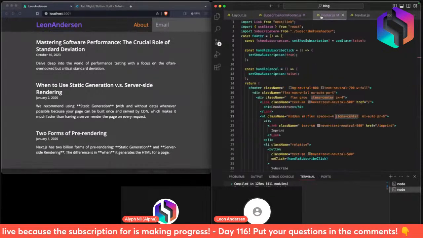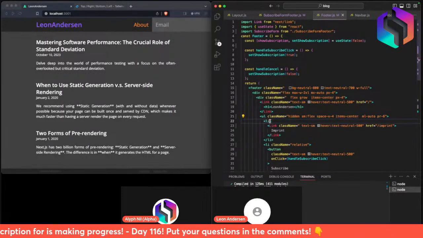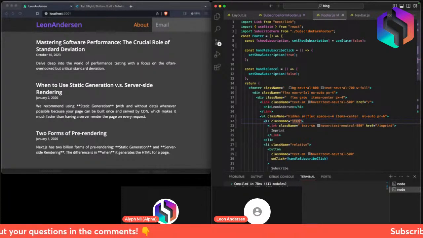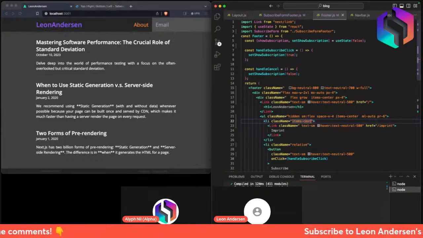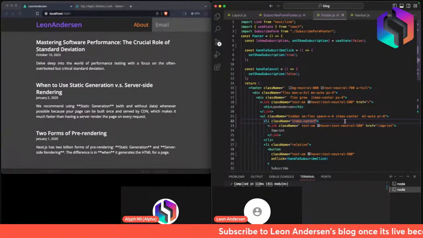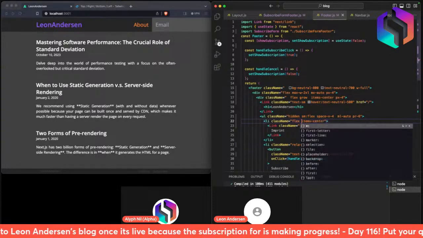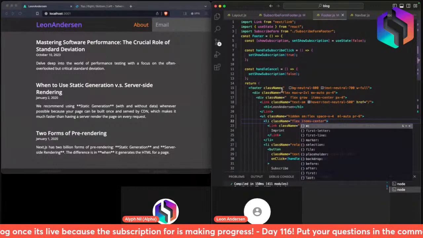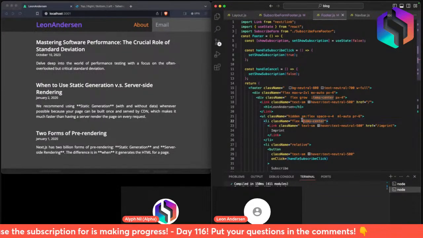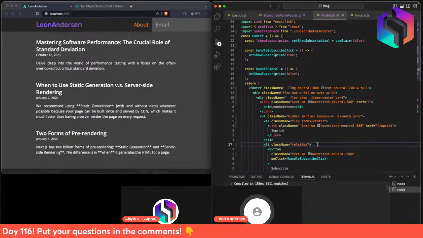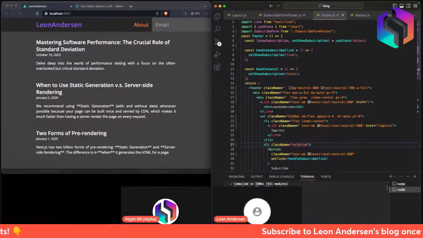Let's just try the LIs first, and then if that doesn't work. It needs flex too, otherwise it doesn't work. Oh yeah, this is dope. I didn't know that I would have to do this for all sub items as well.